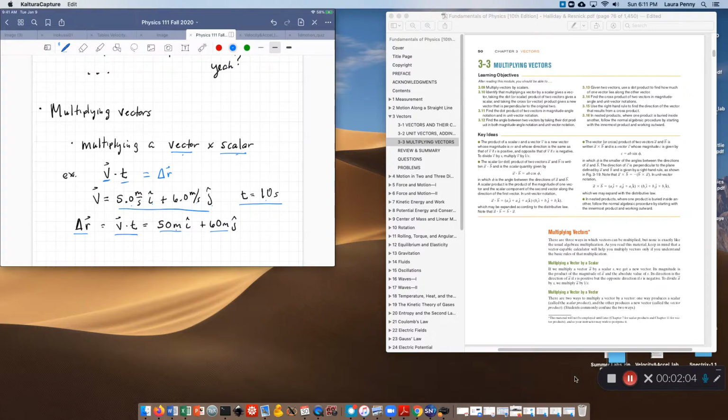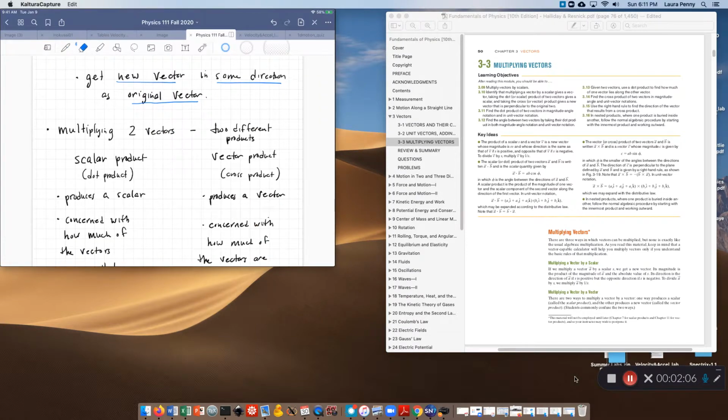But it's parallel, let's say that. It's parallel to the original vector. And so that's really straightforward.